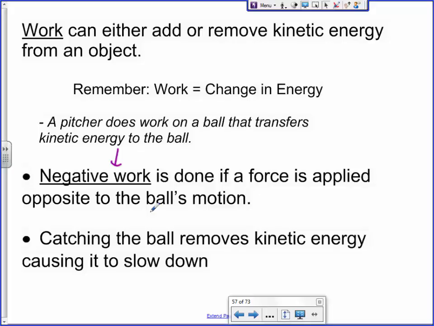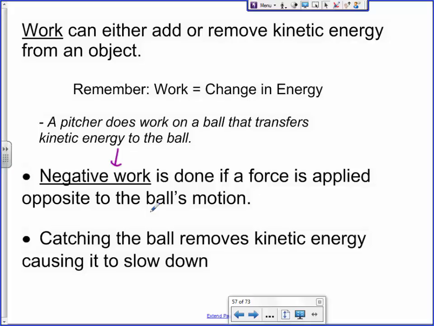I need you guys to know the formula for weight, as rare as it is that we use it. Weight is not how heavy you are. Weight is how heavy you are times by gravity. Okay? So mass times gravity is actually what weight is. You should then know the other 2 formulas. Mass times gravity times height is how much potential energy you have due to gravity. And 1/2 mv squared is how much energy you have that's kinetic.